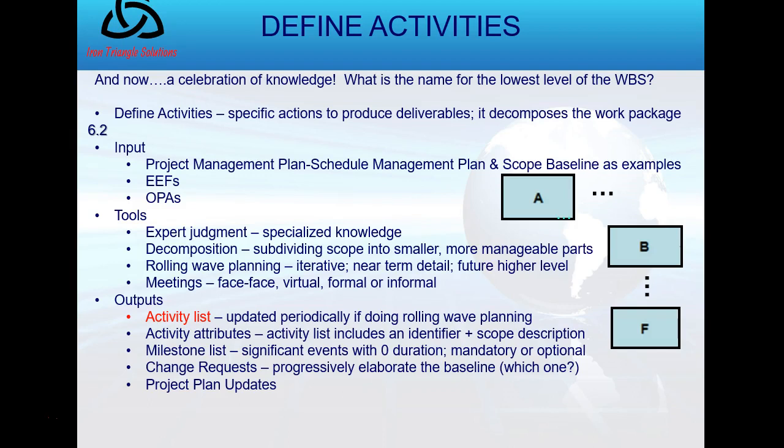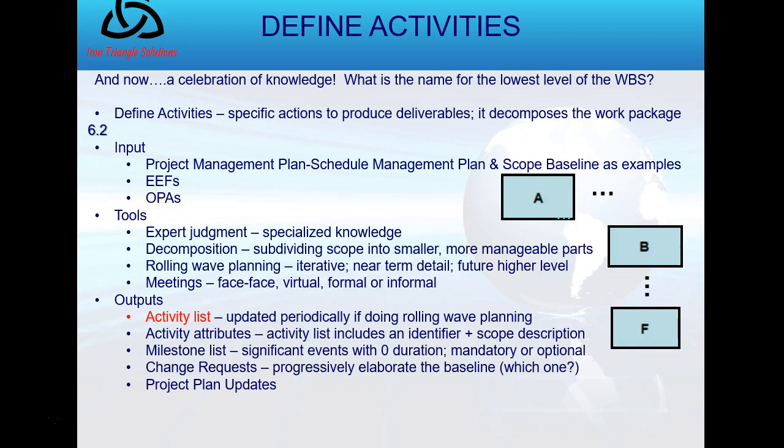I was going to ask you, what is the name for the lowest level of the work breakdown structure? And of course, in a single chorus, you would reply, work packages. Ah, well done. Okay, but now we're defining activities, which again has inputs, tools, and techniques, and outputs.